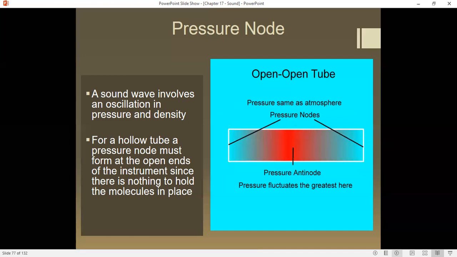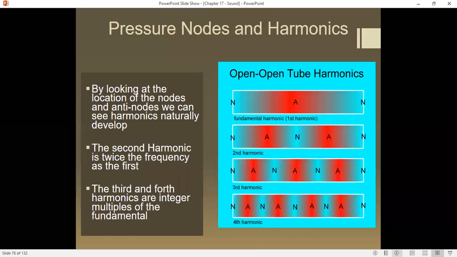So what type of pattern is this going to set up? Well, here we go. Now I've drawn N and A for pressure as opposed to displacement this time. Again, wherever you have your pressure node, you have a displacement antinode, and vice versa.